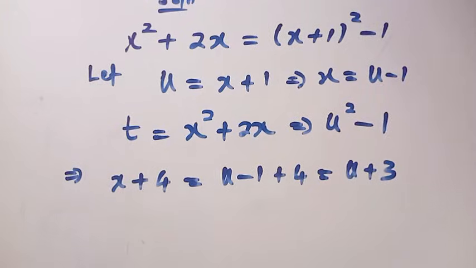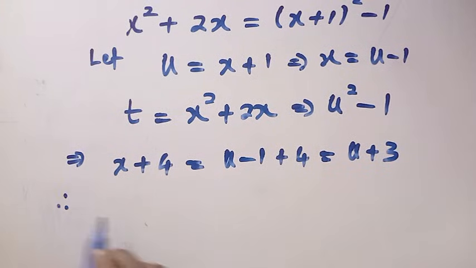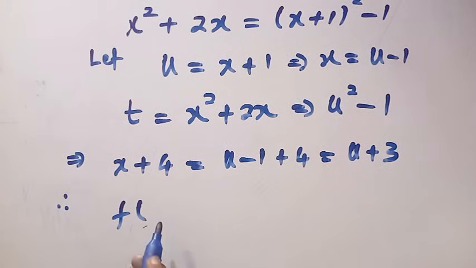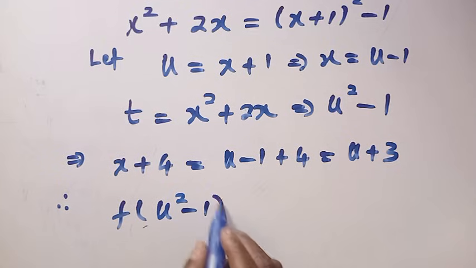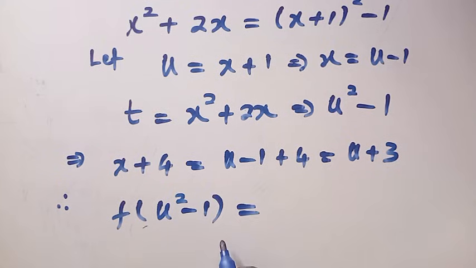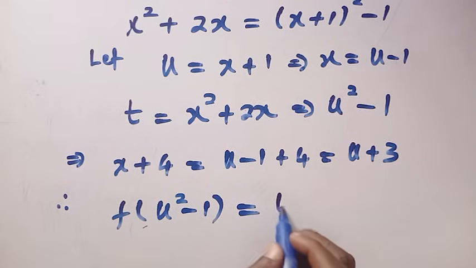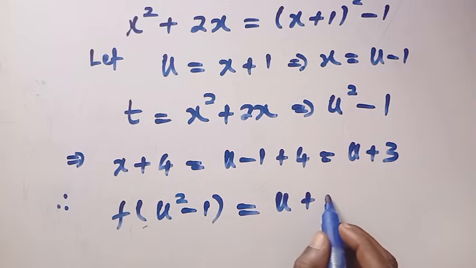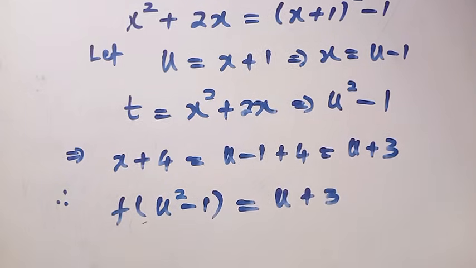So on getting this, instead of x squared plus 2x, we have f of u squared minus 1 equals, for x plus 4, u plus 3.